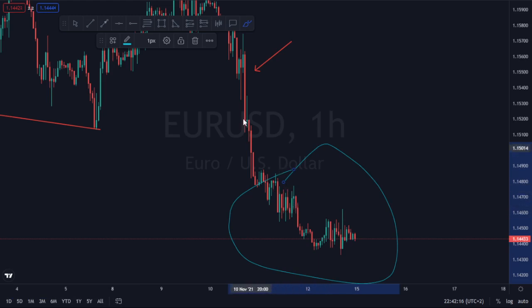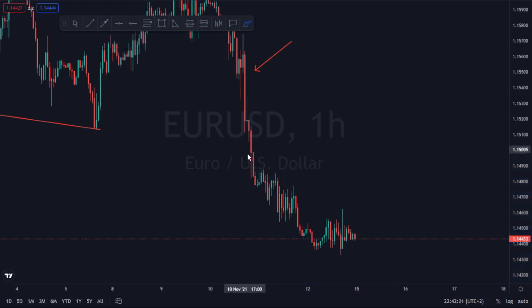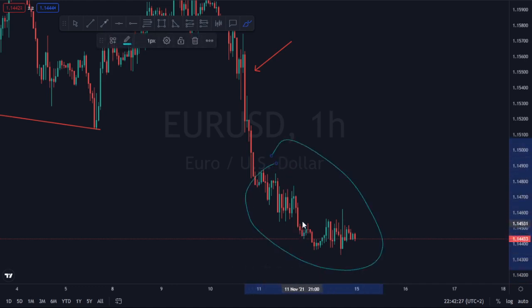Price then started to move correctively right there. Remember, the market moves impulse, correction, impulse, correction. So let's just try and see what is happening here.